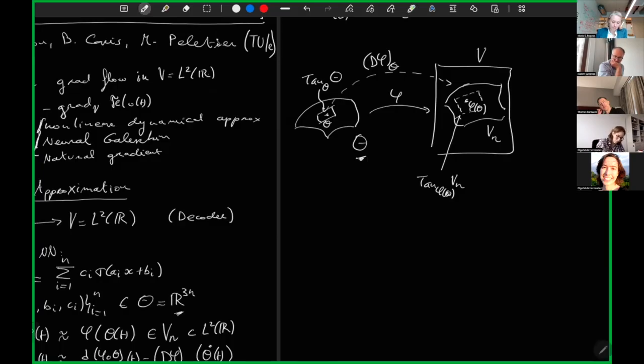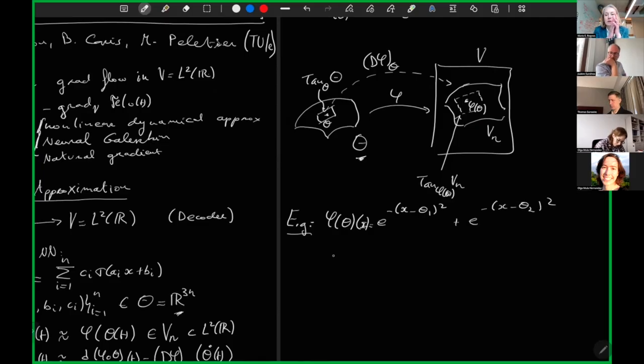And so in order to make you feel what is going on, let us assume that we have this as a neural network: exponential of minus (x minus theta 1) squared plus exponential of minus (x minus theta 2) squared, where the theta here are these two parameters, and we are working in R2.